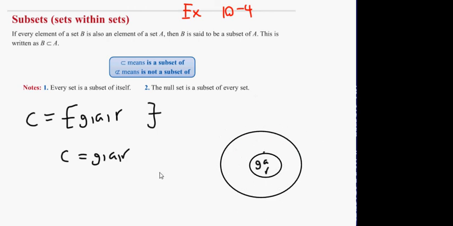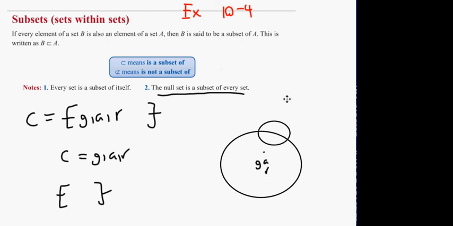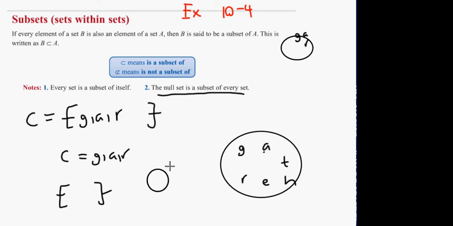Now the next thing is the null set. The null set is a subset of every other set. Now guess what this means? What's in the null set? Nothing. So look at this. Here's the set of Garrett again: G-A-R-E-T-H. Now, the null set is basically a set that has absolutely nothing in it.